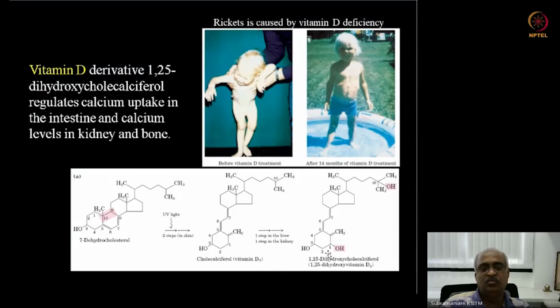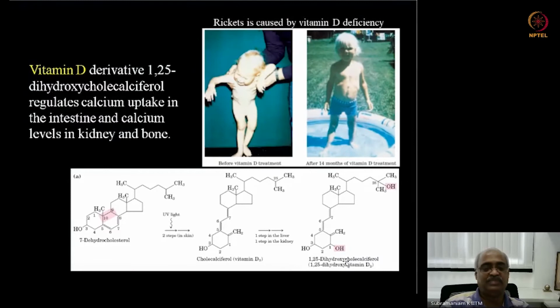Carbon 1 here and carbon 25 here have hydroxyl groups, so 1,25-dihydroxy. The basic structure is cholecalciferol. 1,25-dihydroxycholecalciferol is the active form of vitamin D, also known as vitamin D3.